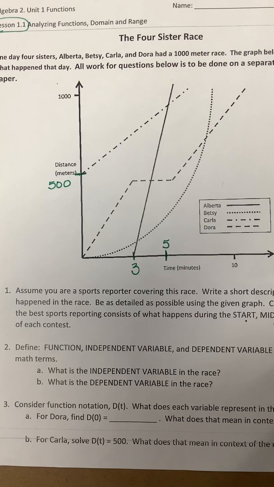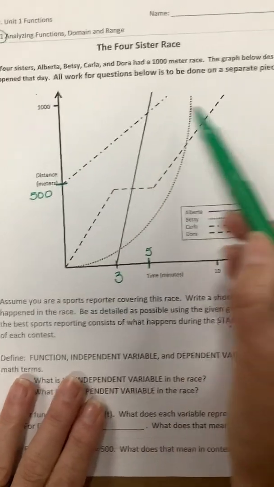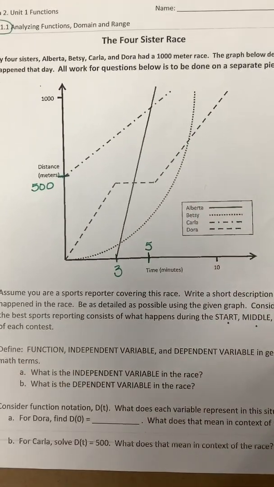So the first thing I'm going to do here is start describing this race. Because this is our first lesson, I'm going to start with maybe one of the tricky runners. I know that you guys are looking at this PDF. We are not having copies this year. We don't have worksheets this year, so we all need to get used to this idea. All work for questions needs to be done on a separate piece of paper. So here comes your spiral notebook.